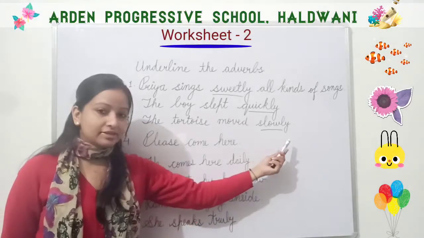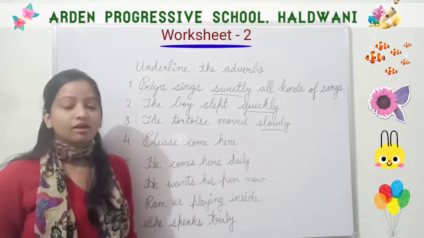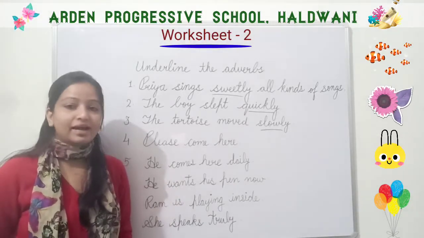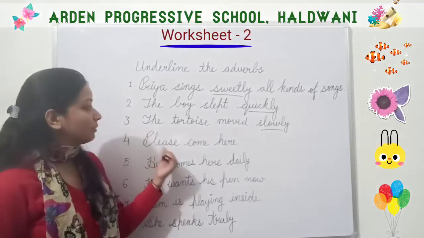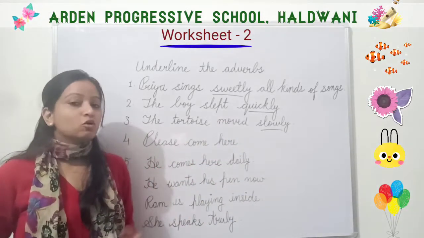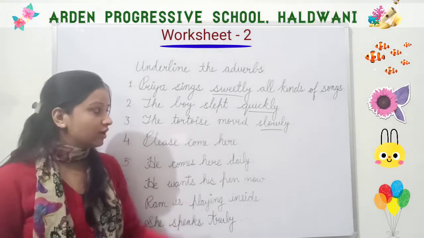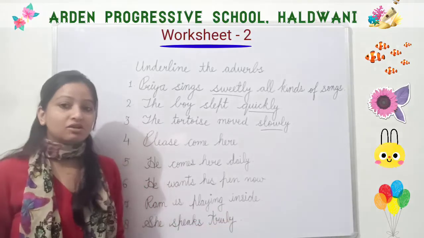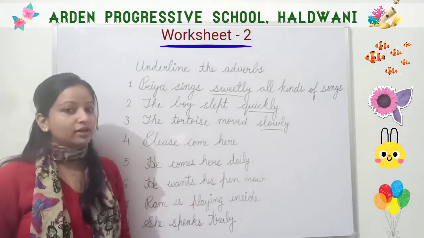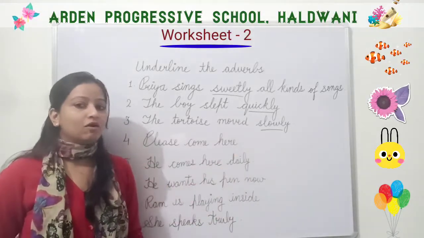We know ly is given, so it is an adverb of manner, and we can confirm with one trick: we can make the question. How did the tortoise move? Slowly. It is giving us the answer of how. We know that adverbs of manner only give us the answer of how. So this is also an adverb of manner.